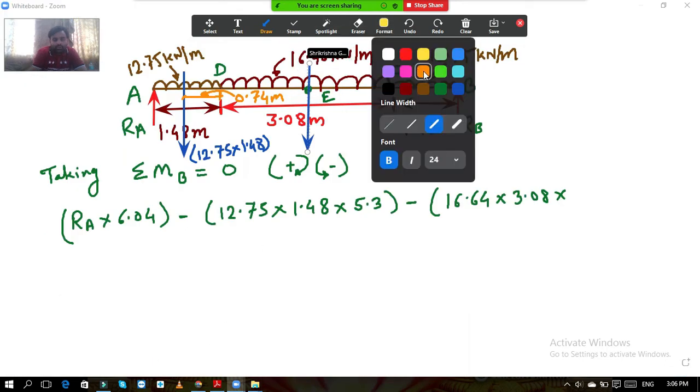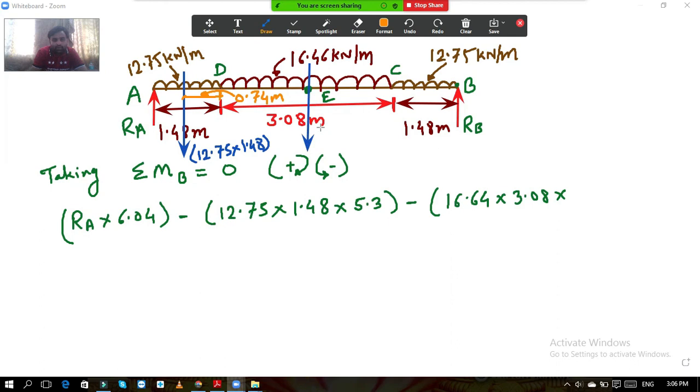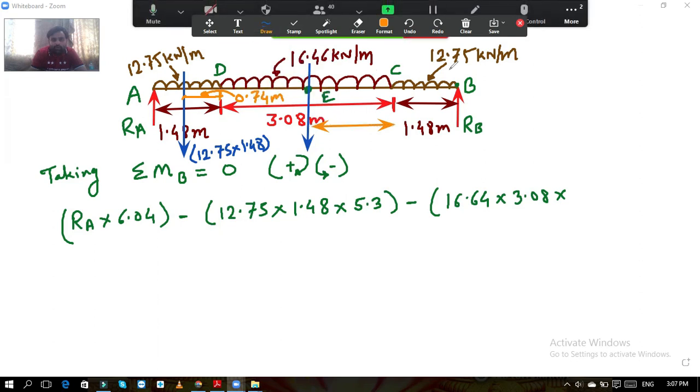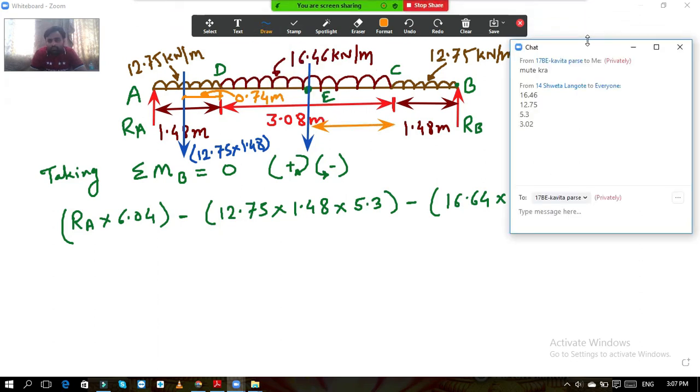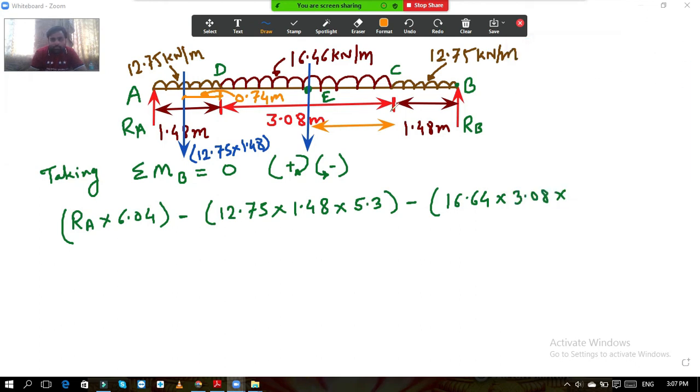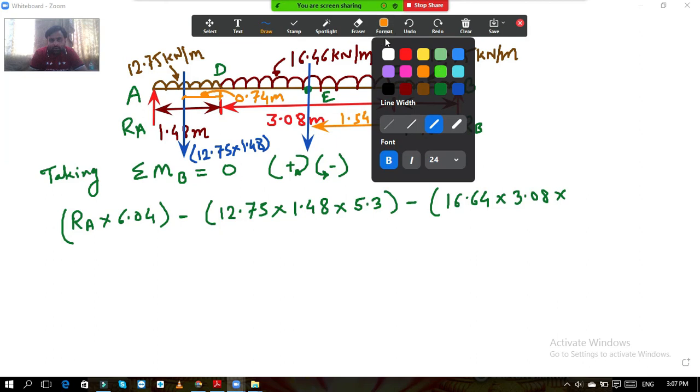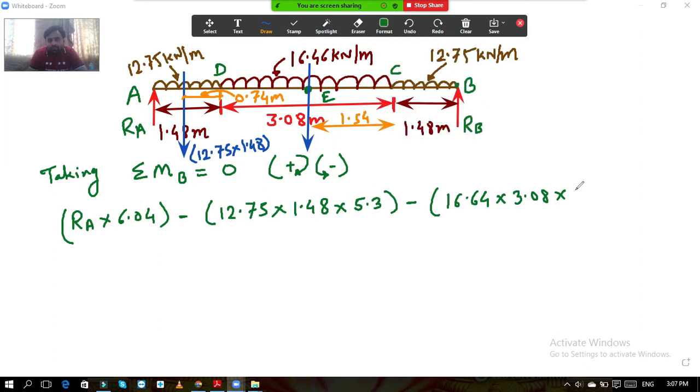It is 1.54. So the total is 1.54 plus 1.48, so it will become 3.02.